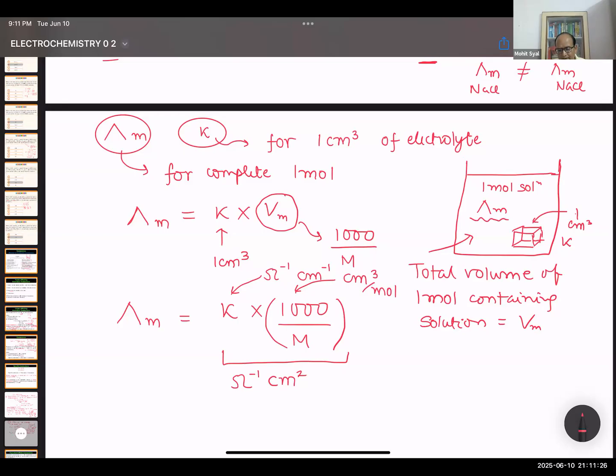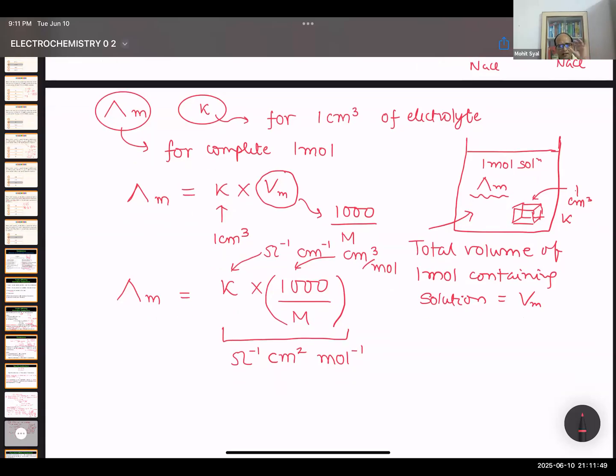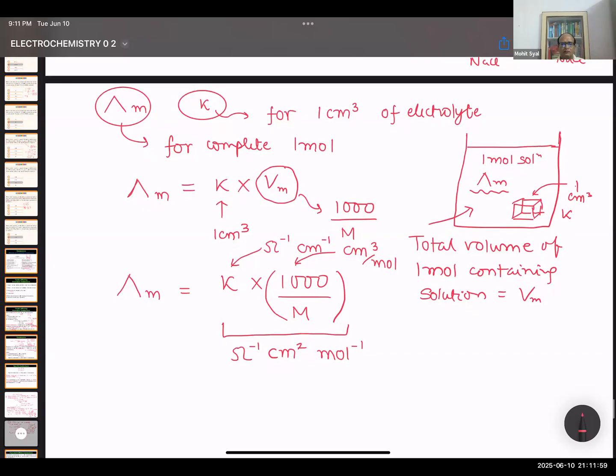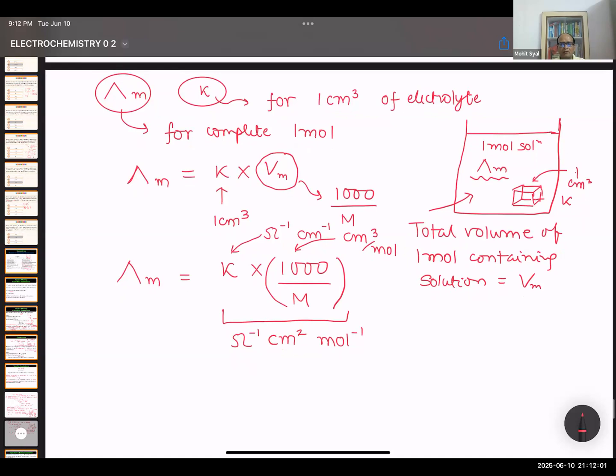So centimeter cube by mole. Is this clear or not? Any doubts in this? How the formula is derived? This is very simple. You need to multiply the specific conductance with the total volume of 1 mole. Total volume of 1 mole can be obtained by 1000 by molarity. That's it. Very simple.